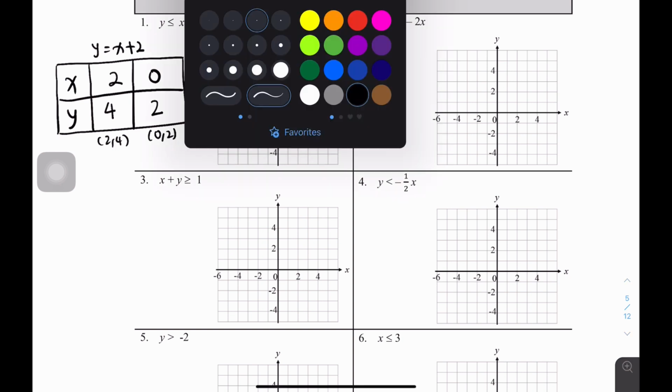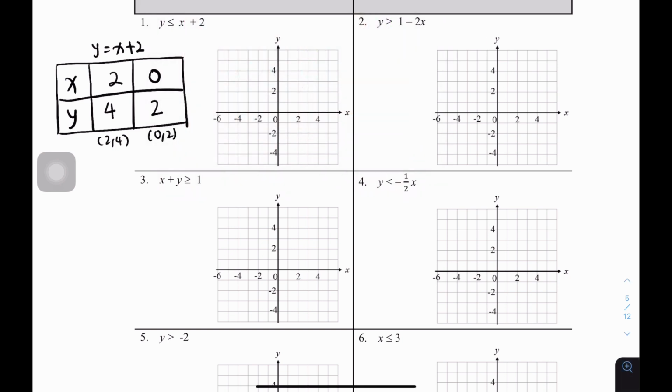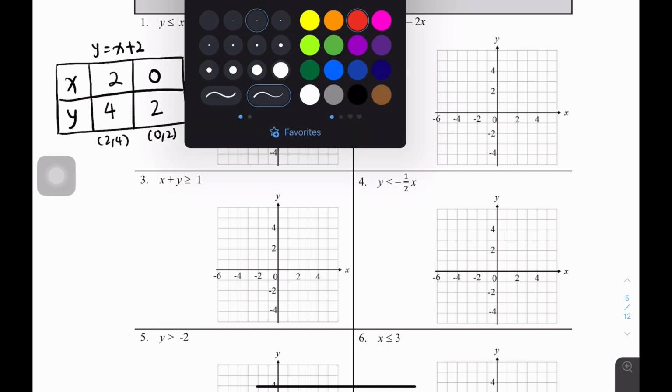Okay, so kita plotkan. The first one is 2, 4. 2, 4 is over here. Next 0, 2. 0, 2 is over here. So bila dah ada, kita boleh cantumkan, lukis garis lurus. For example, I'm using blue lah.